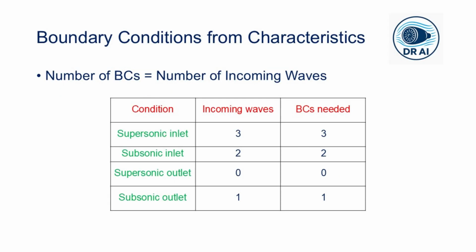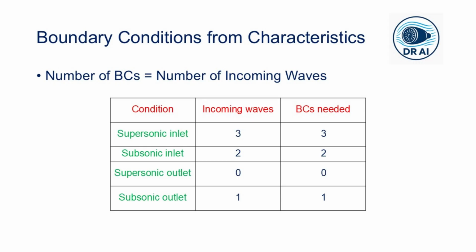Now, what are well-posed boundary conditions? Characteristic theory tells us that the number of boundary conditions to be imposed must equal the number of incoming characteristic waves. For the 1D Euler equations, we will discuss them one by one: the supersonic inlet, where the Mach number is greater than 1; the subsonic inlet, where the Mach number is less than 1; the supersonic outlet; and the subsonic outlet.